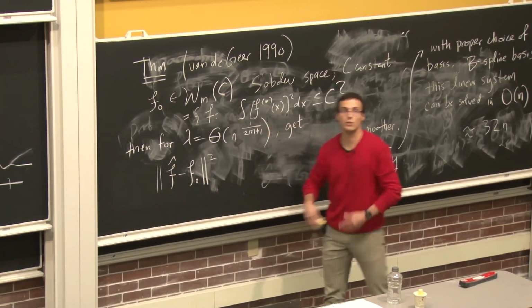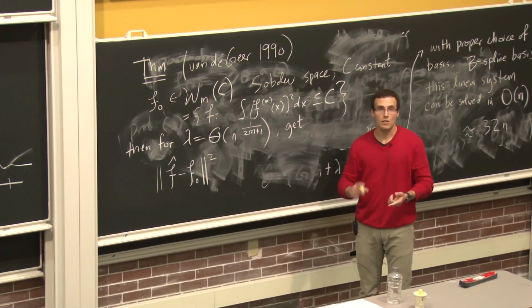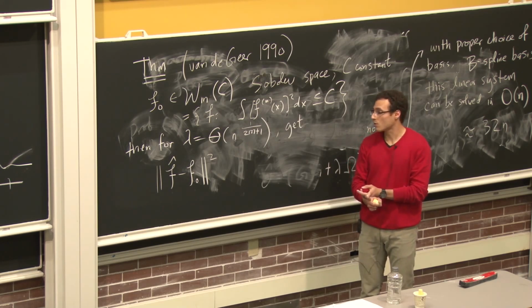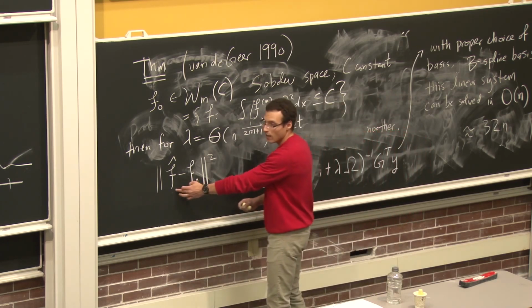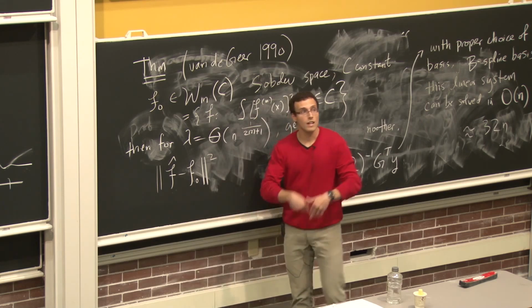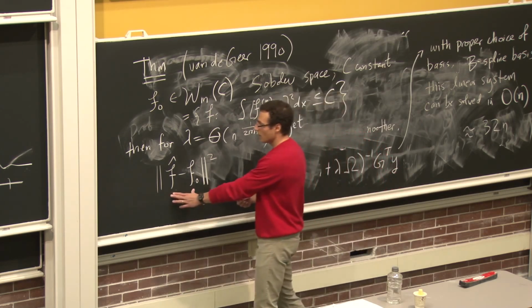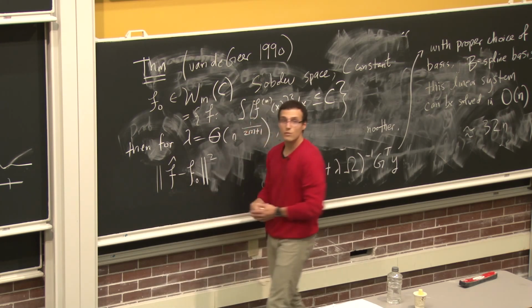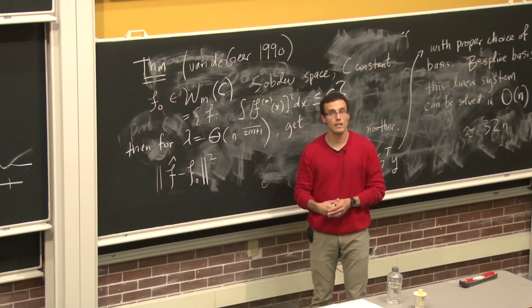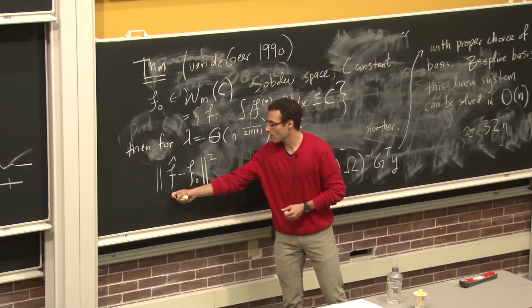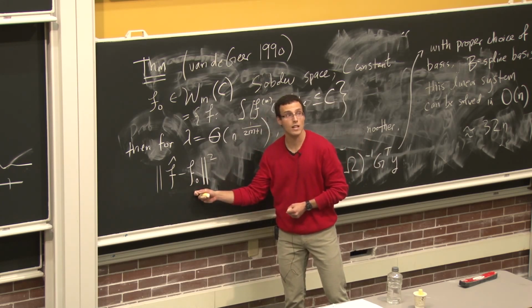Now these are functions, so you could take it to be whatever metric you like. You could take this to be the integral L2 norm. That means I take f hat of x minus f0 of x, square that and integrate that. That's one way to do it. You could also think of that in terms of an empirical version. I could do something like the average squared difference between f hat of xi and f0 of xi at my data points.